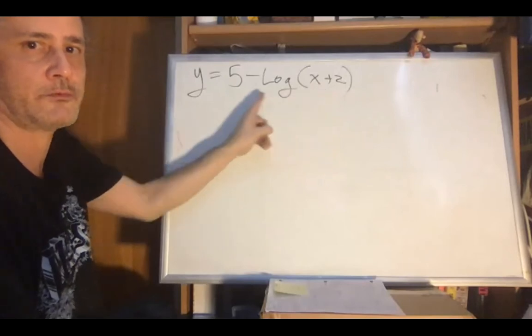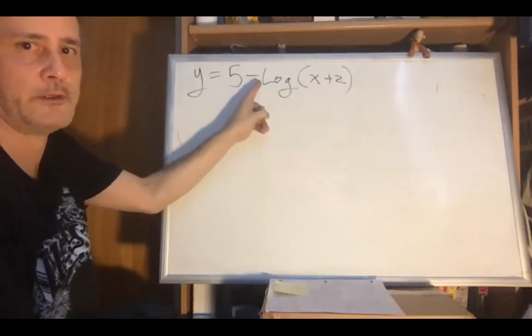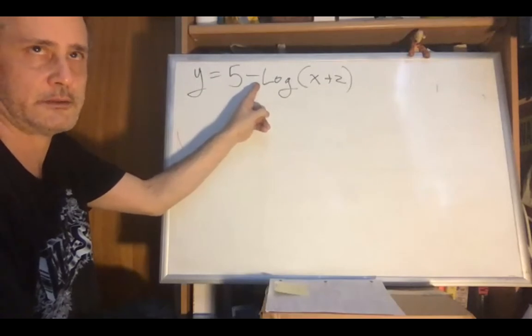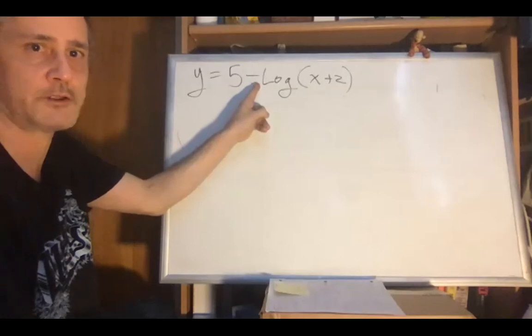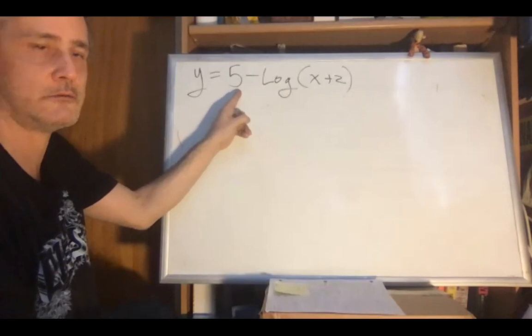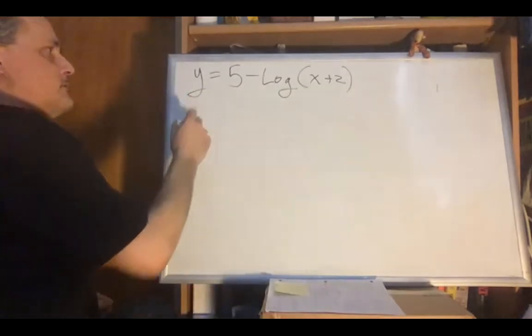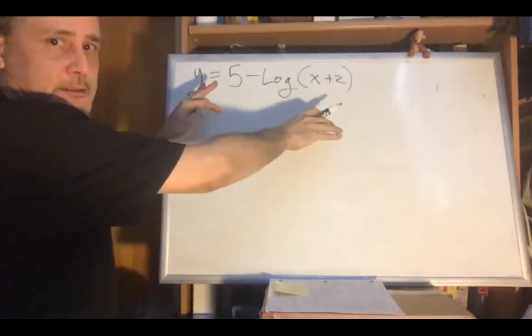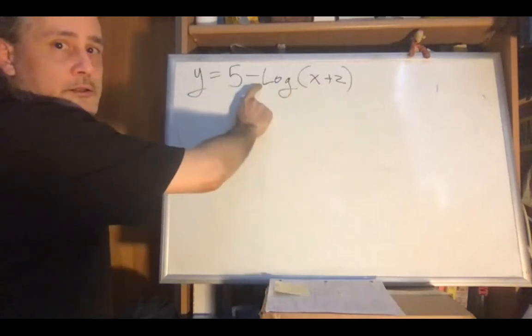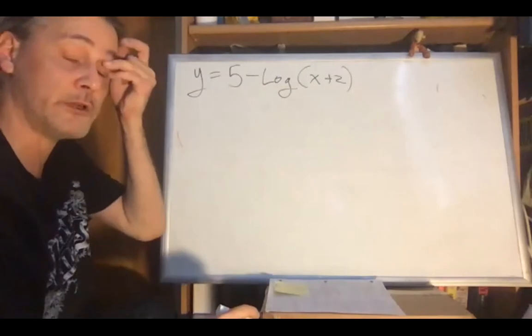All right, and notice we're minusing a log, so that means we're multiplying by negative. So that's going to change the sign of the output. So changing the sign of the y, reflection across the x, and we also have a vertical translation. All right, so you do the translations last. We don't have a number multiplied to the x. We're not multiplying to the log, so we don't have any domain or range dilations.